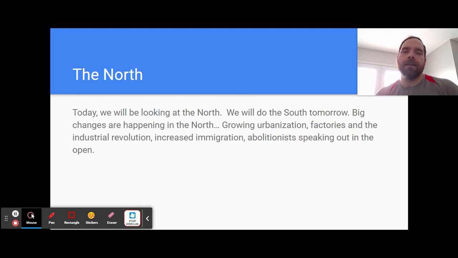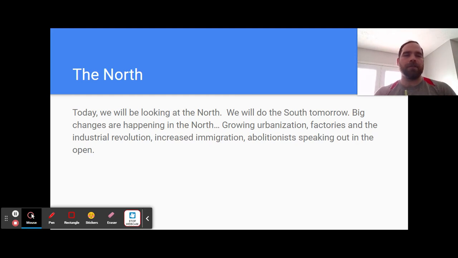But basically, in the North, as with anywhere in America, most people are some version of family farmer. But in the North, the change is coming a lot faster than in the South. There's growing urbanization. So more people live in cities, big cities sometimes, and other times factory towns or just bigger towns than what you find in the South, which is incredibly rural.